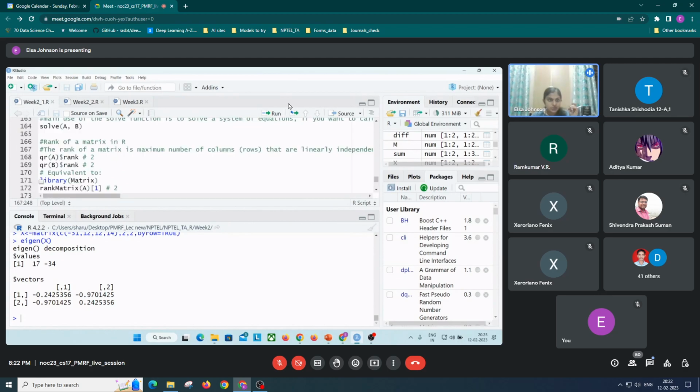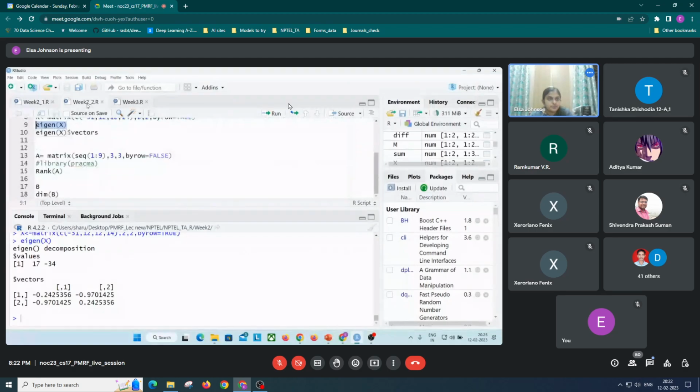So if you put qr of A dollar rank, then you get the rank itself. There are many other things, it's a different operation. Phoenix has also asked, I think you can search for that. Right now it's a little out of scope, so you'll see that later.